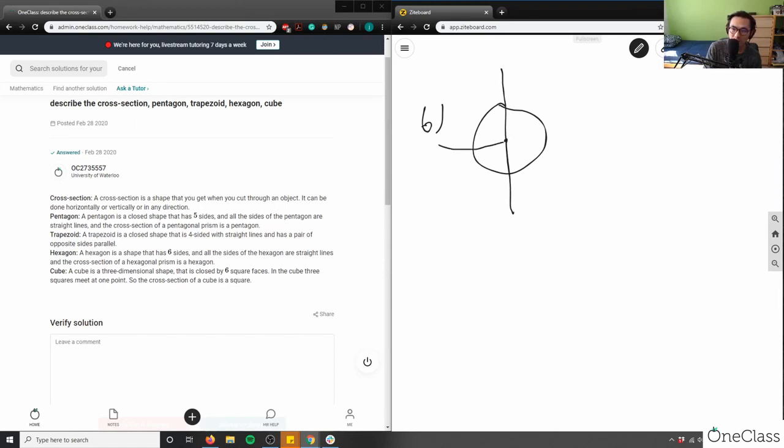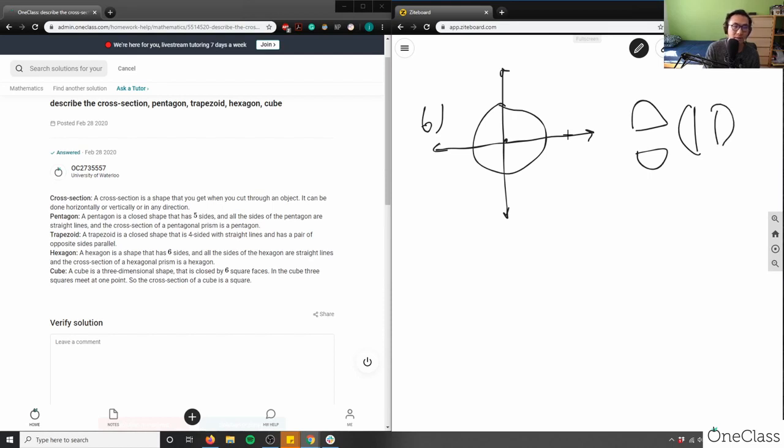That's why this student from Waterloo said it was vertical. I could cut it vertical or horizontal, but it's only one cut. Then I would get some sort of semicircle. It doesn't really matter, these are translatable. I can rotate them to get the same image, so it's totally fine.